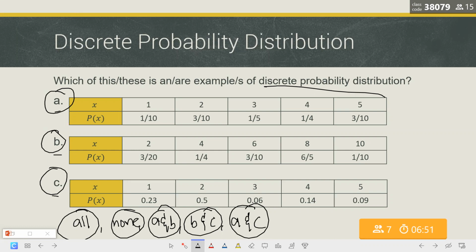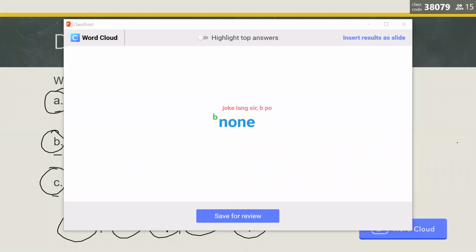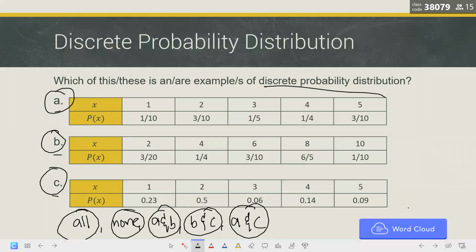Tagal kasi. Sige, wait lang. Game na. Ayan. Close submission. So, may nag-B. May nag-B. Halatang halata na. Gamitin niya yung properties, class. Sige, wait lang ha. Okay.